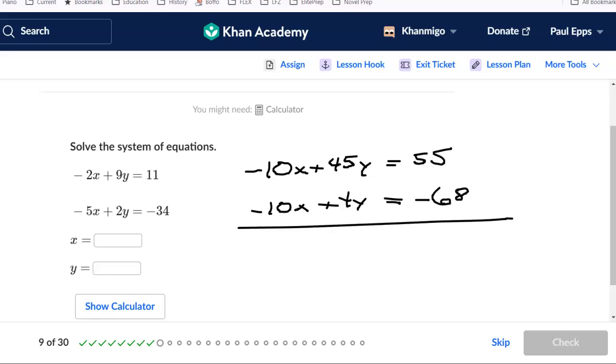Let's just subtract everything. 10x minus 10x is 0. 45y minus 4y is 41y equals, and then subtract this. 55 minus 68, 123. Divide both sides by 41. Y equals 3. All right. Y equals 3.